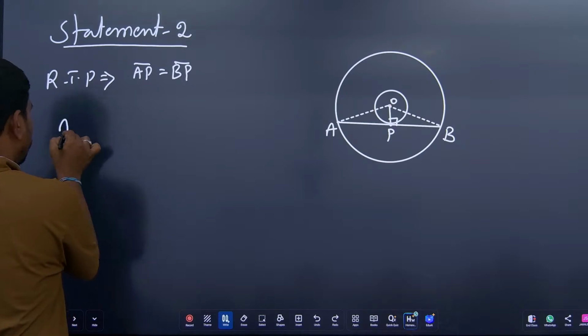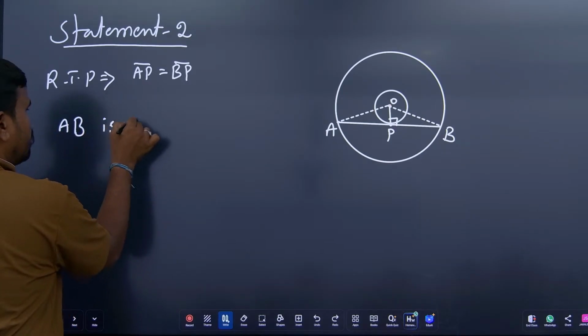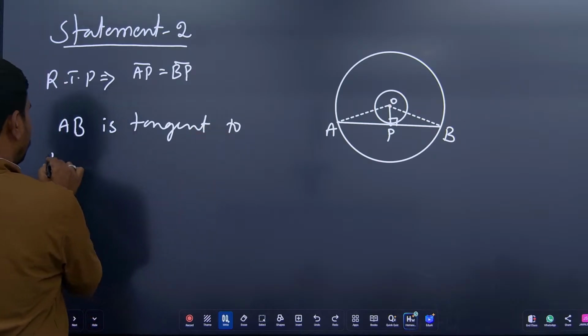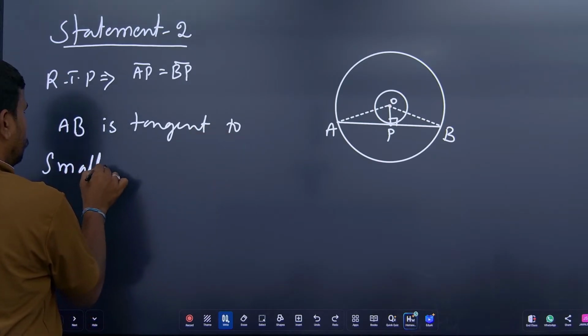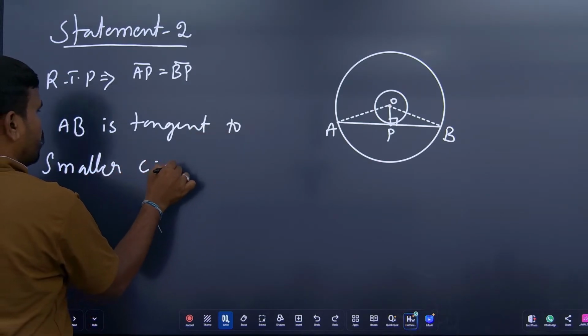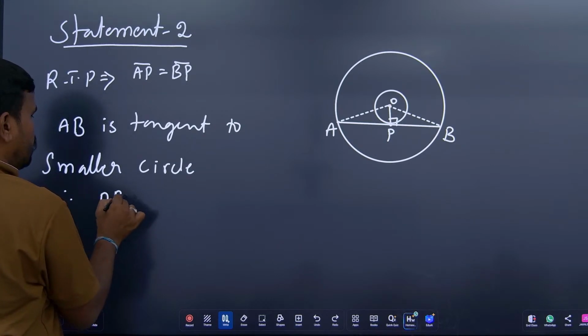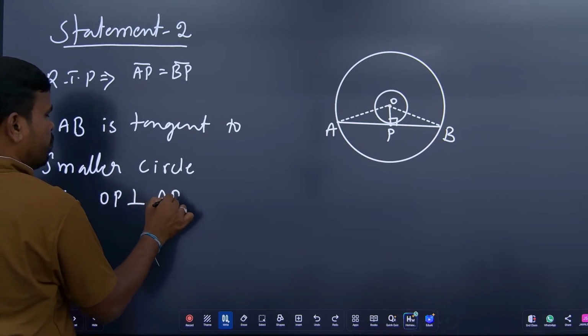Therefore, AB is a tangent to the smaller circle. Therefore, OP is perpendicular to AB.